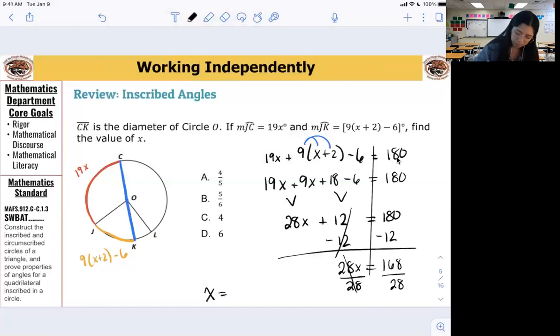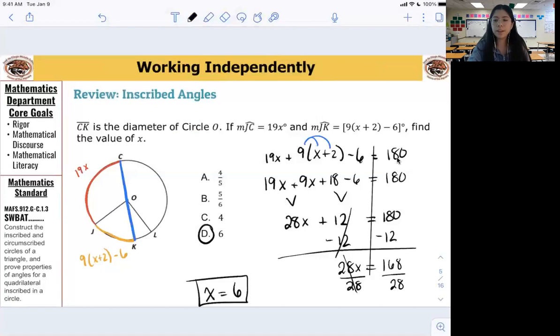We got 6. Good. So see, algebra and geometry. Any questions on this? Any questions on why we made it equal to 180?